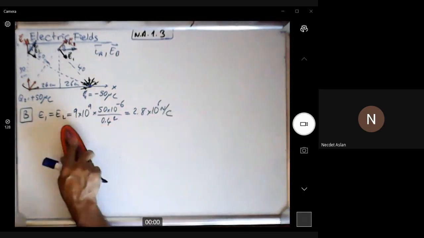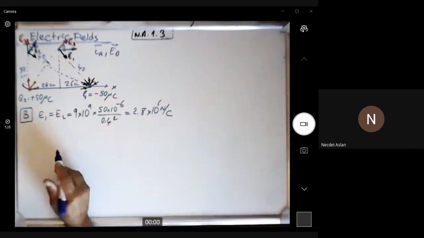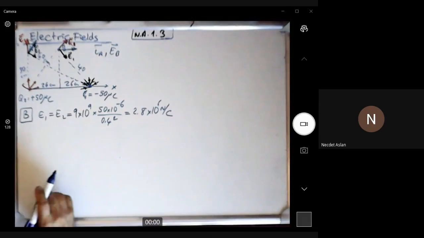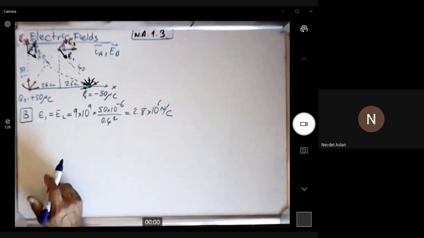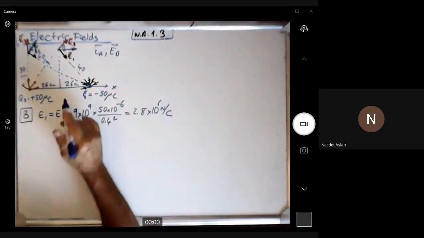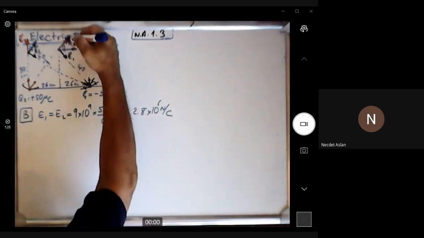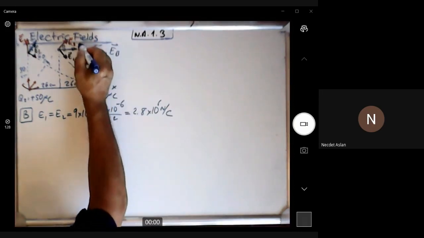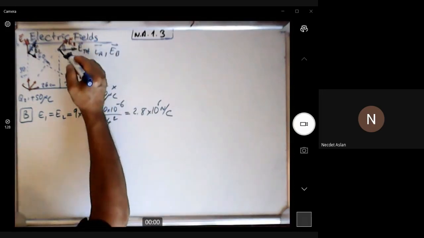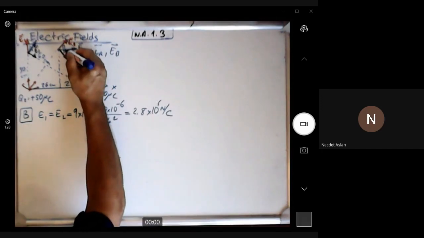So this is the electric field due to these charges. Because of the symmetry, don't forget this electric field is this one or that one. But actually, E total is this one. In order to find E total, you need to specify this angle theta.